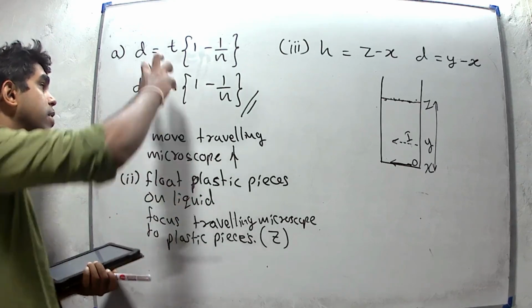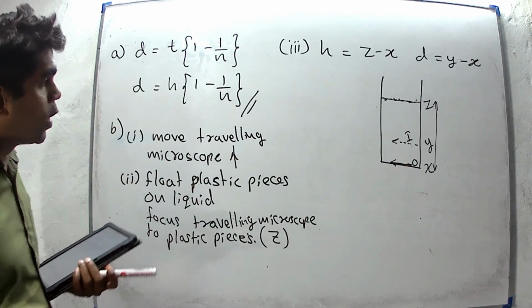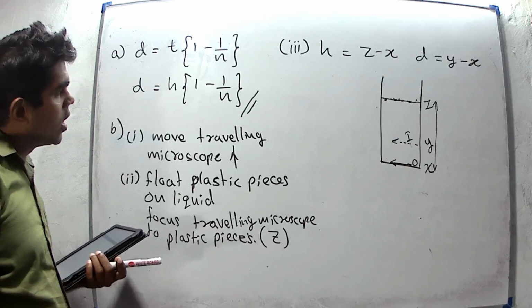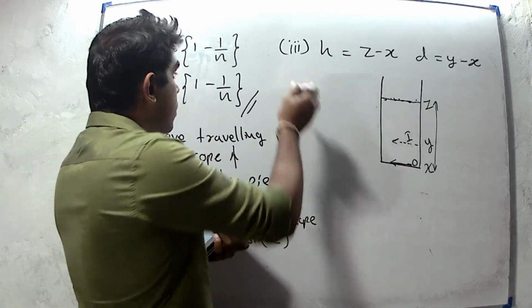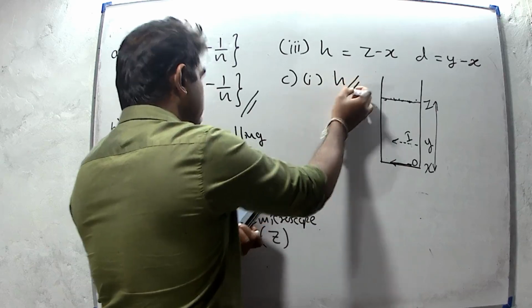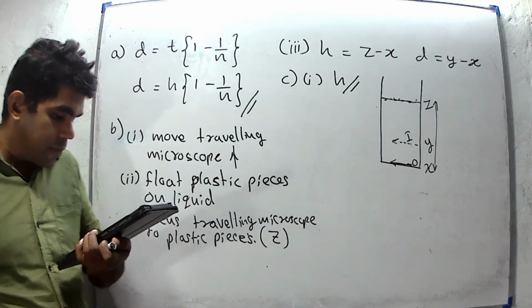We have to change H. We can pour liquid into the cylinder. So for part C1, H is the independent variable.